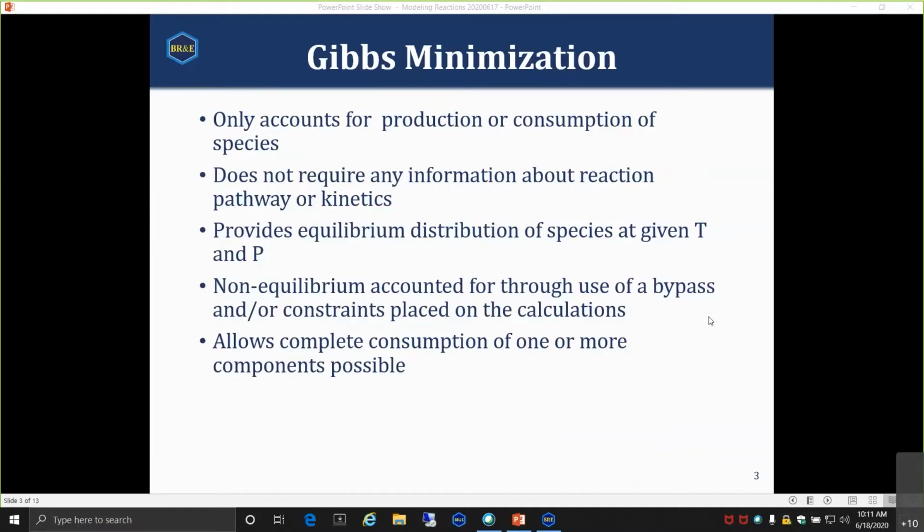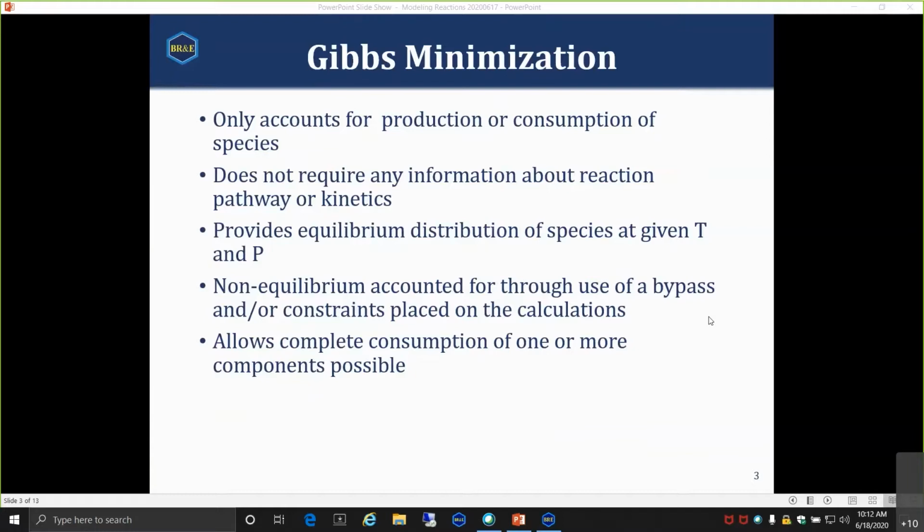One of the nice things about the Gibbs minimization is it does allow for complete consumption of one or more components. So you can mix hydrogen and oxygen, use up all the oxygen and form water.